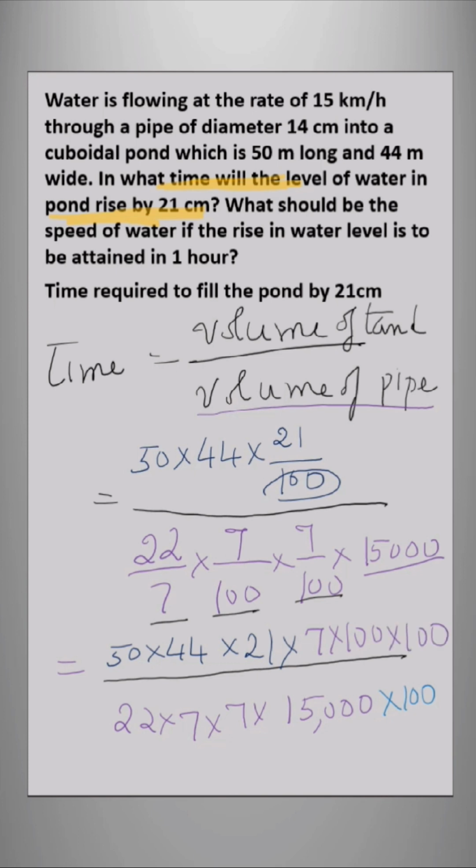Now let us cancel the possible things to make the problem easier. Here two zeros, here two zeros. 7 and 7 get cancelled. 7 threes are 21. 3 fifties are 50 ones, 50 ones, so 50 and 50 get cancelled. 22 twos are 22.